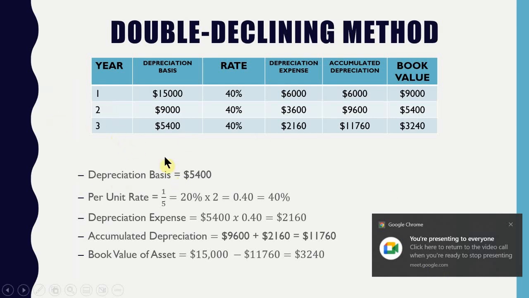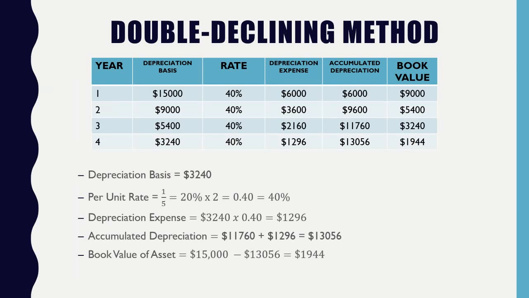As of year 4, I'm supposed to have a salvage value that is supposed to be 2,500. In this case, I fell way below it, right? I'm at 1,944. So what do I do here?